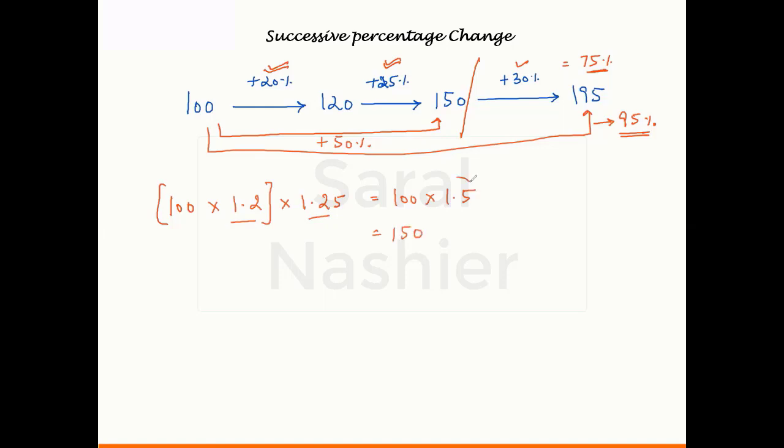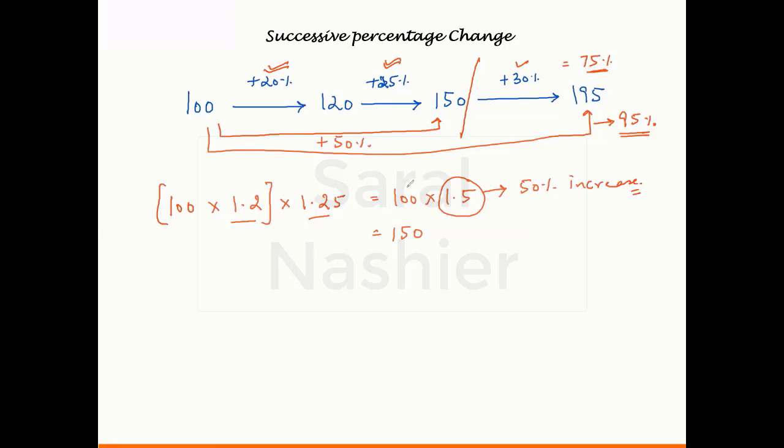But this 1.5 shows that there is an increase of 50%, because whenever something is increased by 50%, only then it is being multiplied by 1.5. So this is one way of proving this.